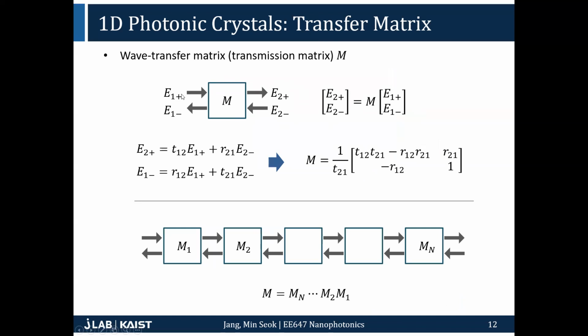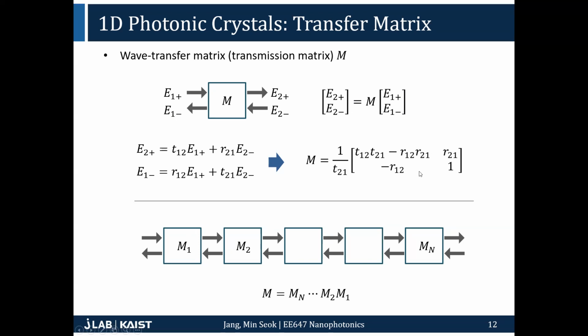E1 plus is the electric field of the electromagnetic wave going to the right, and E1 minus is the electric field of the wave escaping from this side. E2 plus and E2 minus are defined in similar ways. The transfer matrix M basically connects E1 plus, E1 minus to E2 plus, E2 minus, right?